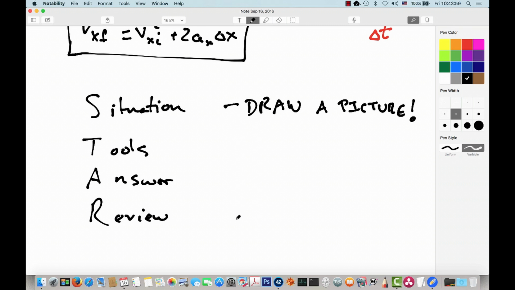A couple of things that you should be checking are, does it make sense? If your answer has a baseball spontaneously flying up, you probably made a mistake. Also, really big deal is, at the very least, make sure you check your units. If you are solving for a velocity and you get something that's meters cubed over seconds to the 5th, you made a mistake somewhere.